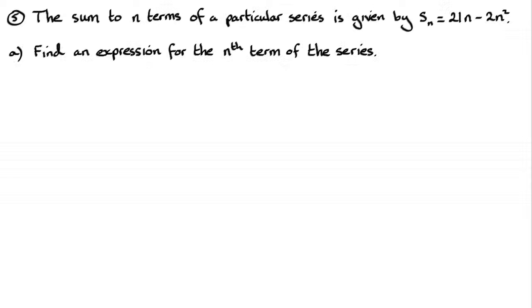Okay, there's 2 parts to this question. I'm only going to give you the first part first of all. Part A, we've got the sum to n terms of a particular series. I do emphasize that, be careful, of a particular series is given by Sn equals 21n minus 2n squared. And what I want you to do is find an expression for the nth term of the series. Okay, find an expression for the nth term of the series.